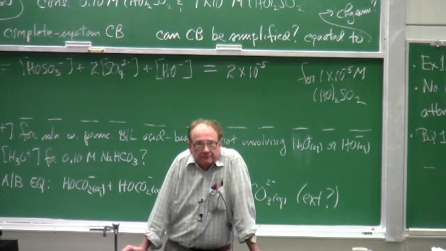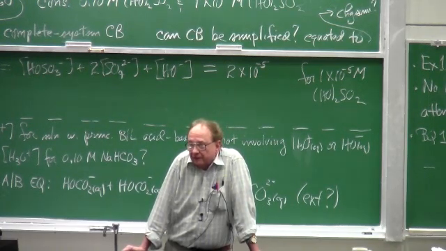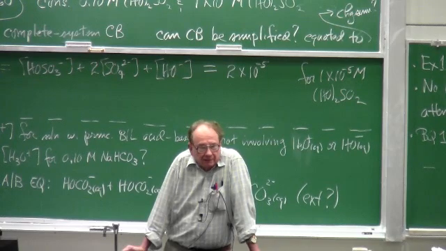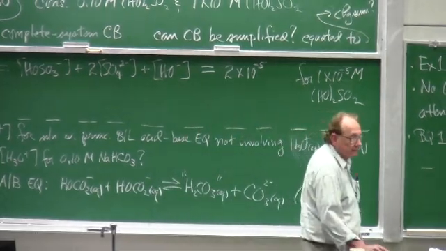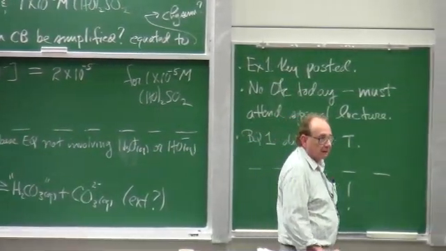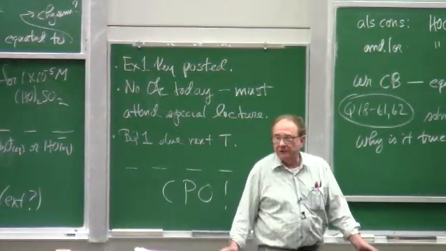H2CO3 is about 10 to the fourth times stronger, 10,000 times stronger than bicarb. What about the base strength of bicarb versus the base strength of carbonate ion? By what factor do you think they compare?